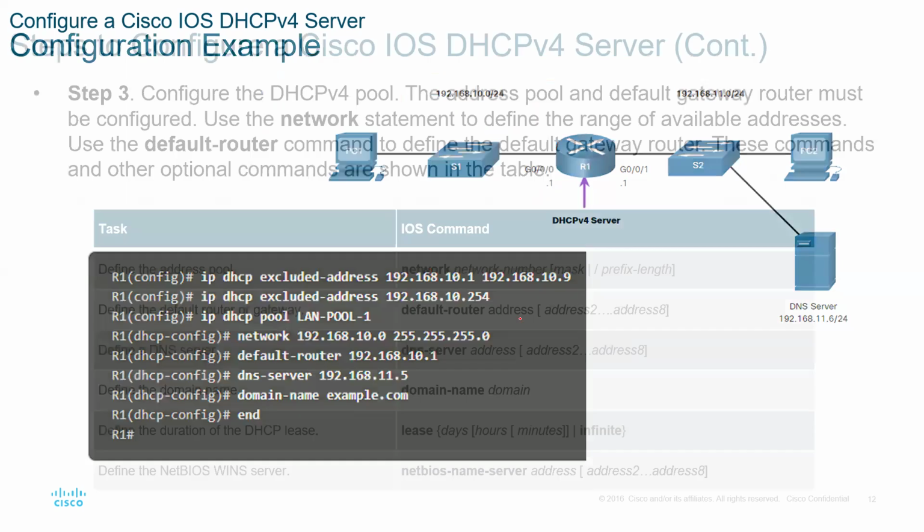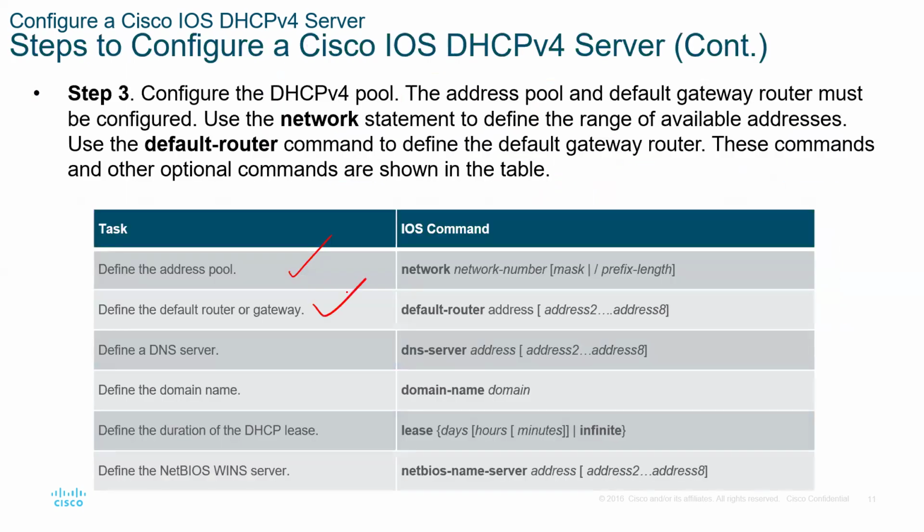Then from there, we go to the default gateway. When I said the offer message, it includes the IP address, the default gateway, the subnet, the DNS server. Every host that is using DHCP will need to know what is the default gateway. And how does it know? It knows because the server defines the default gateway.